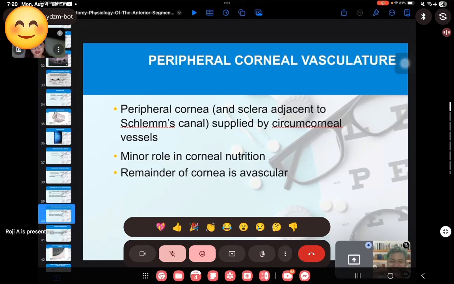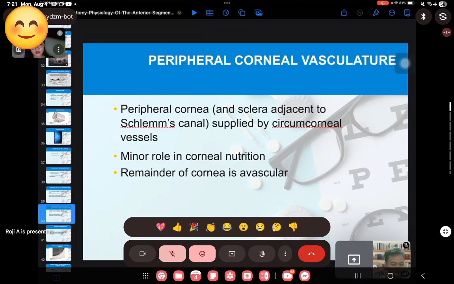The peripheral corneal vasculature: the peripheral cornea, which is adjacent to the sclera, to Schlemm's canal, is supplied by the circumcorneal vessels, which play a minor role in corneal nutrition. So if you ask me why your cornea is healthy, thanks to the vessels.